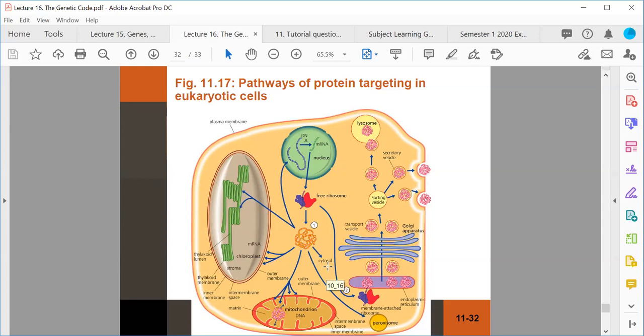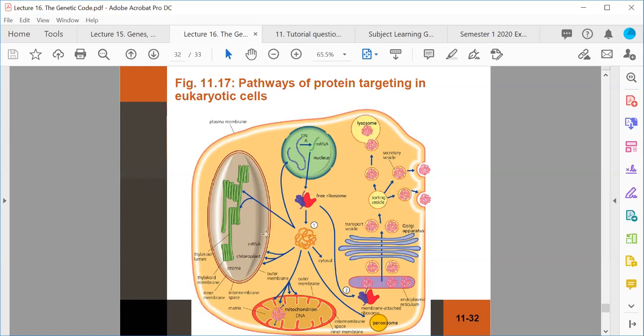It might be a protein that's required within the cytosol itself, or it could be targeted to this organelle, the peroxisome. It could be one of the enzymes that you might find within the peroxisome. It may be targeted to the mitochondrion, so it might be a protein that's required in the outer membrane or in the inner membrane, or a protein found within the mitochondria itself.